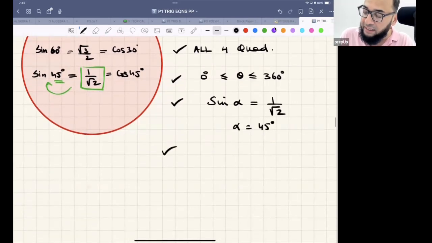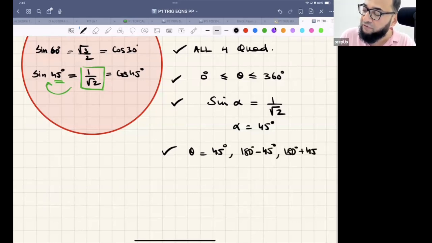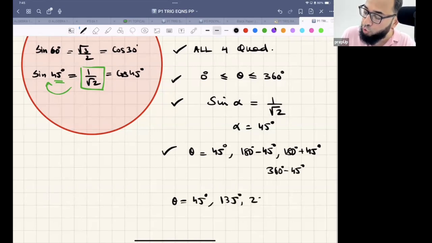And then the final answer: theta is 45 in the first quadrant, 180 minus 45 in the second, 180 plus 45 in the third, and 360 minus 45 in the fourth. So the final answer, if I'm not mistaken, I hope so, is 45, 135, 225 and 315.